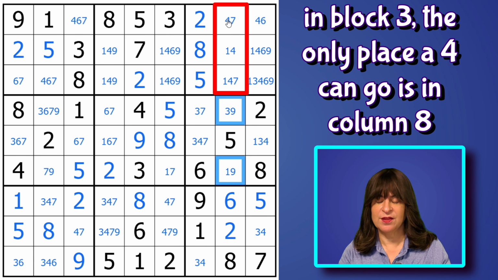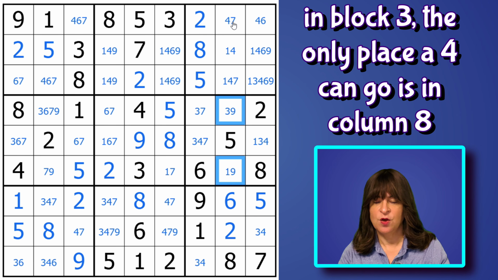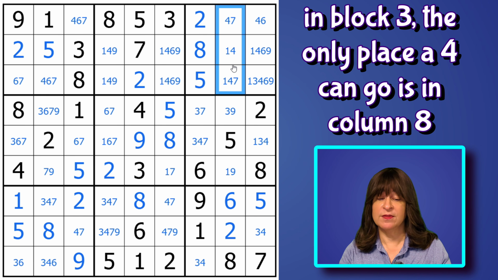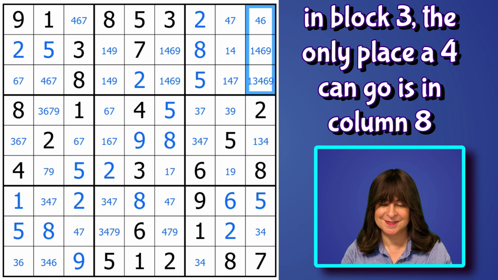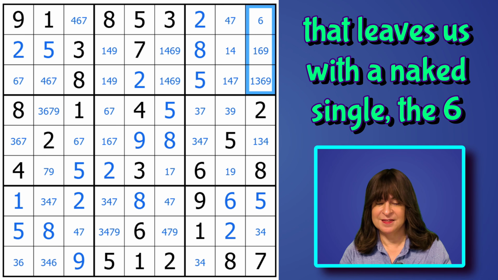So here in block 3, the 4 has to be in this column, column 8. One of these 3 cells has to be a 4. So that means none of these cells in column 9 can be a 4. So I can eliminate all the 4s in these cells. And that leaves us with a naked single, the 6.